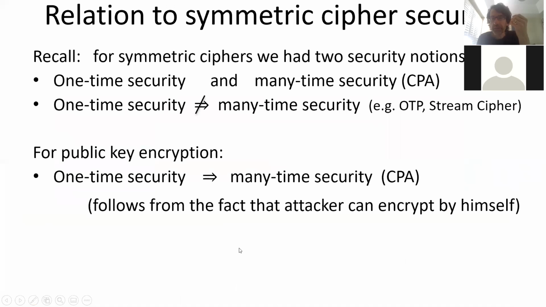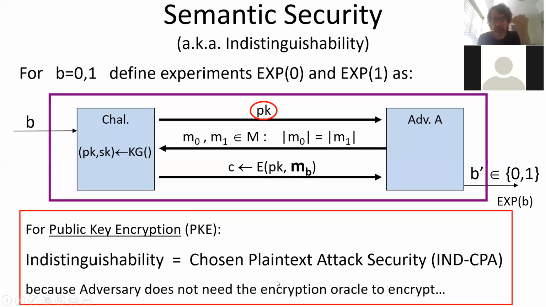But one more thing about it as a consequence. If already here you captured chosen plaintext attack security, because you did it in a public key setting, the public key suffices for the adversary to encrypt whatever he wants and see what the resulting ciphertexts are. He doesn't need access to the sender who uses this public key to encrypt.